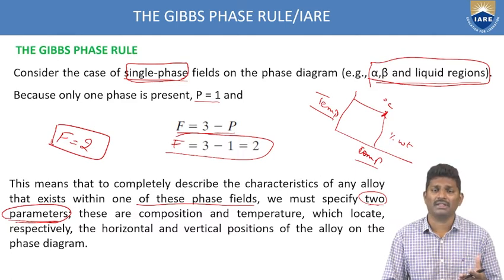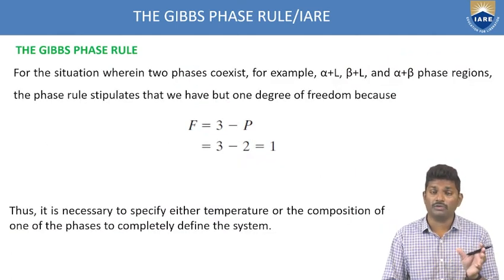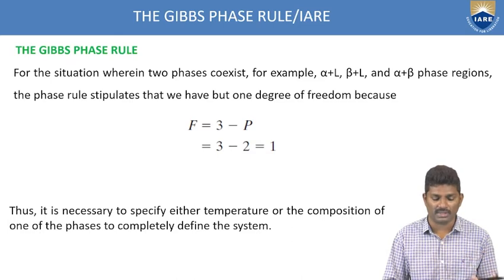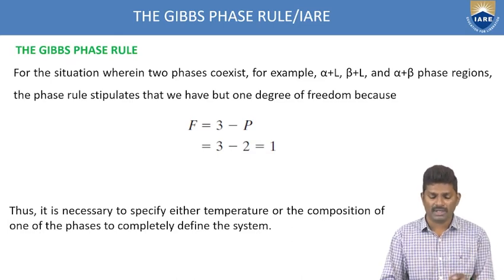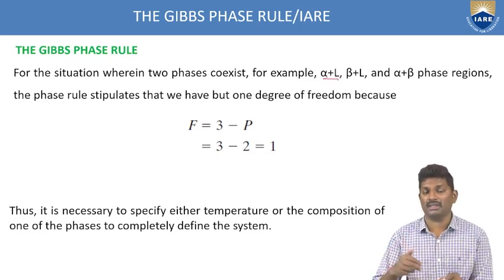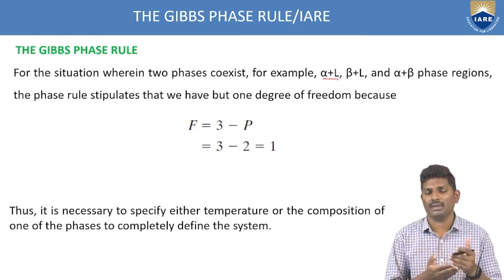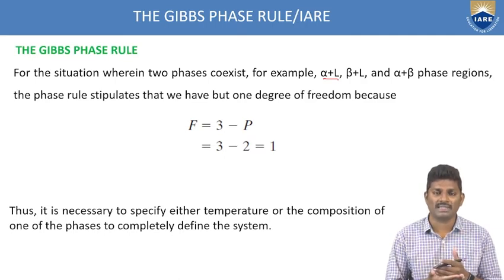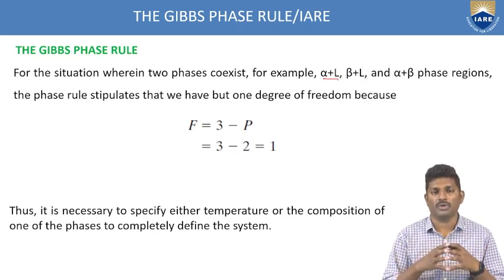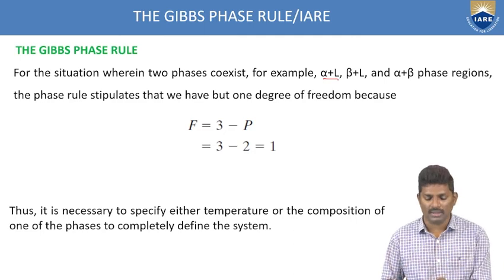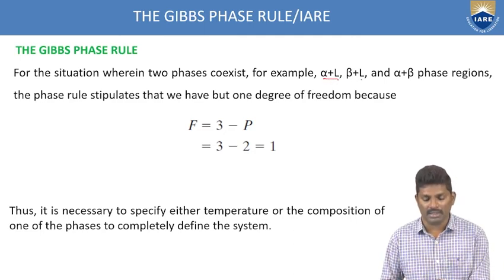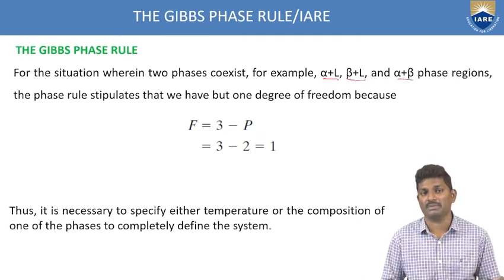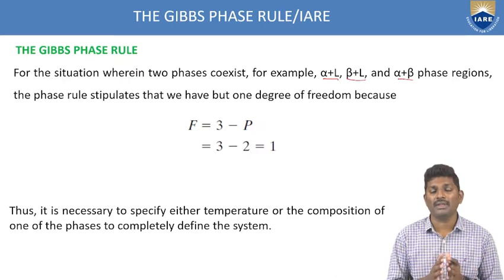Now the same condition, if you take for two phases, for the two phase system, what happens here? Two phase means, for example, alpha plus beta combinations. In the previous case, we have seen only alpha or beta or liquid. That is for single phases. Now, if you go with a double phase or a two phase system, it is a combination of both: alpha plus L, beta plus L, or alpha plus beta. So here you are having two phases.